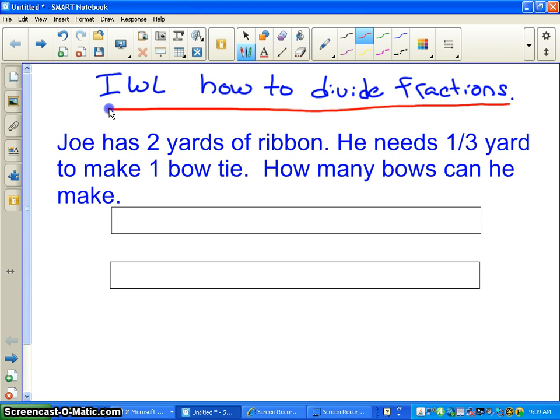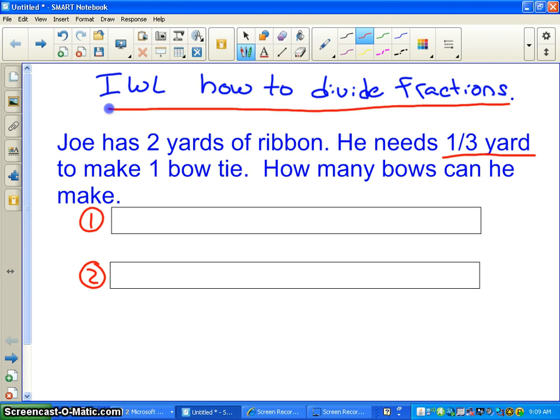So let's imagine that these 2 tables here are our bow ties. If he has 2 yards, here's yard 1 and here's yard 2. Essentially what I'm doing is dividing each one into 1/3, because dividing means breaking up into pieces.